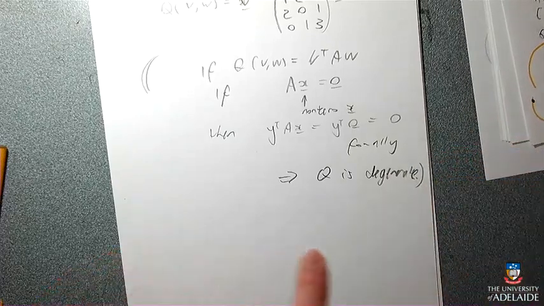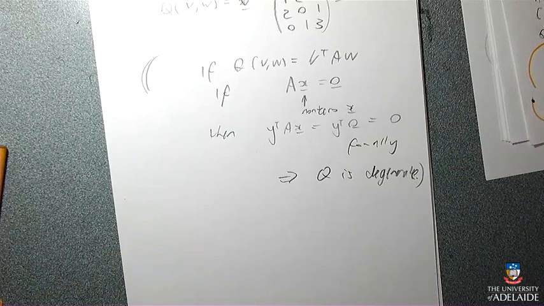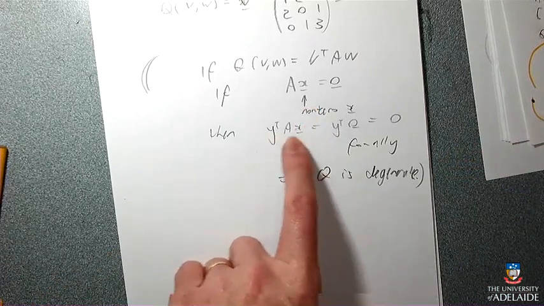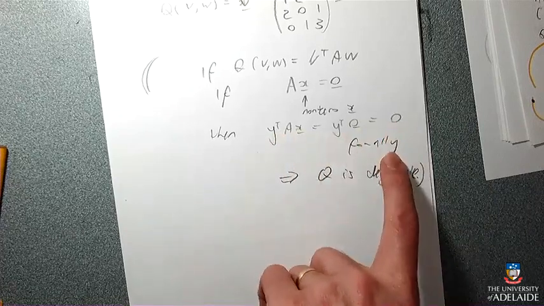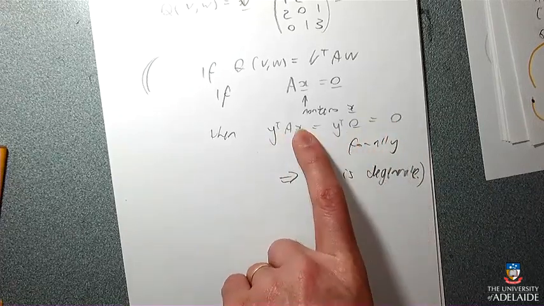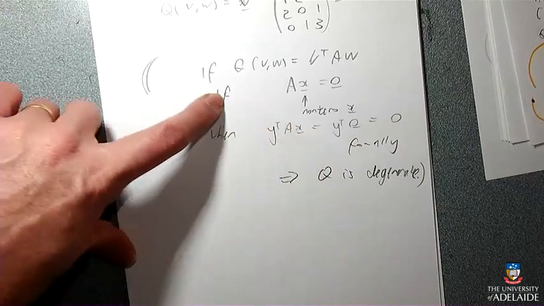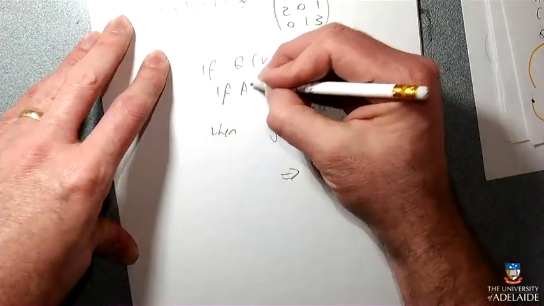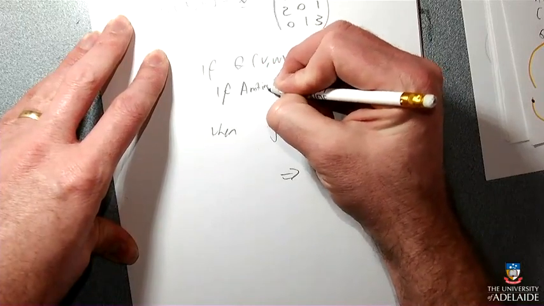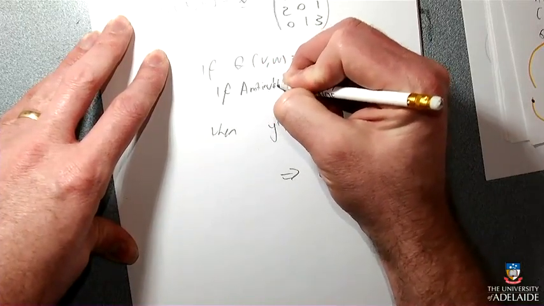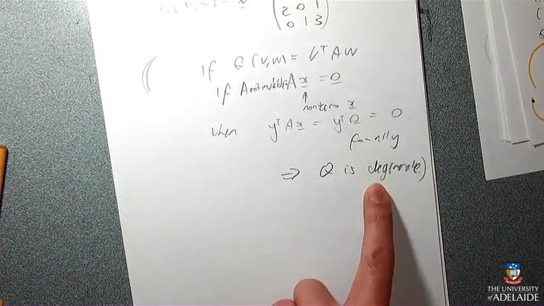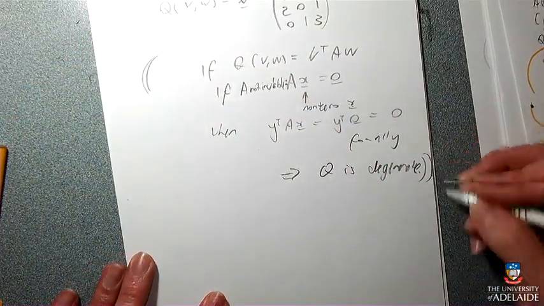Because you said that non-degenerate meant that it was impossible to have y transpose Ax be 0 for all y without x being the 0 vector. But if A is not invertible, then there is a non-zero x that does this, and so therefore you get a degenerate Q.